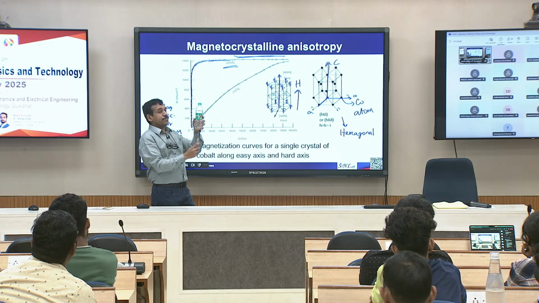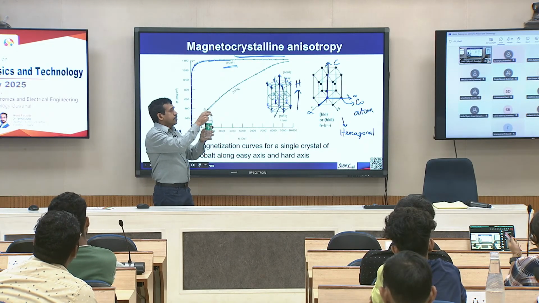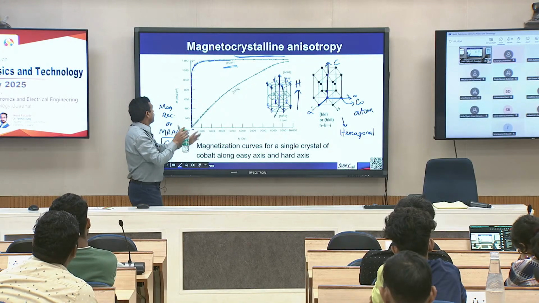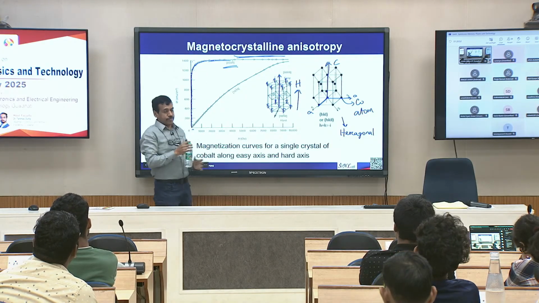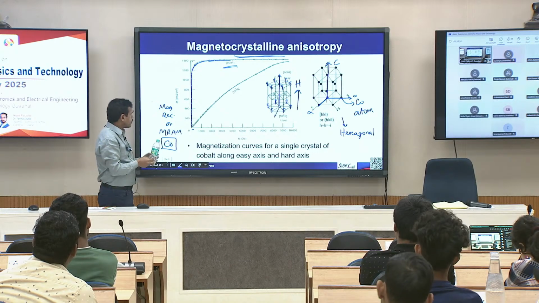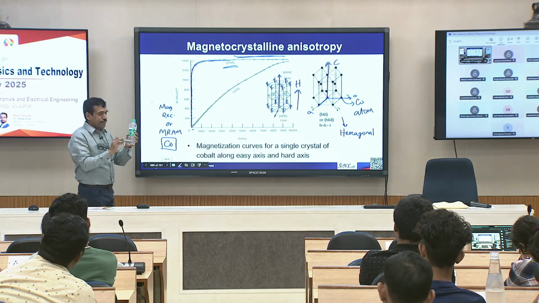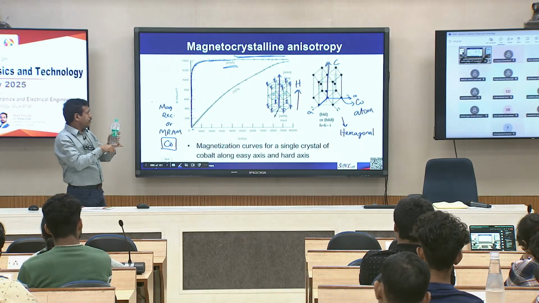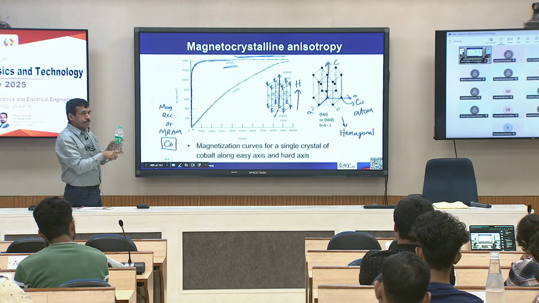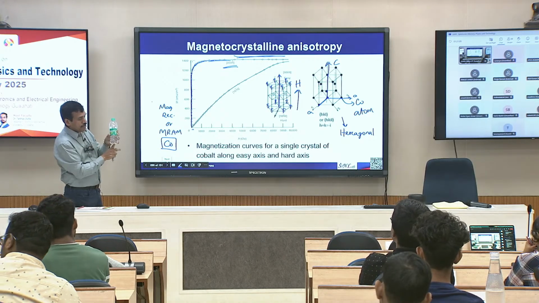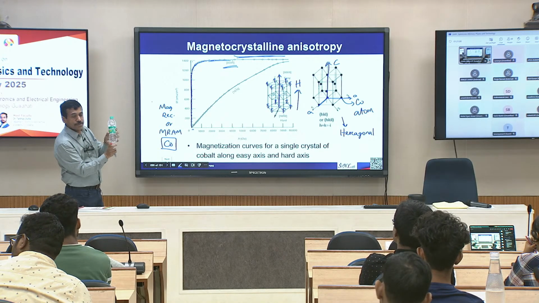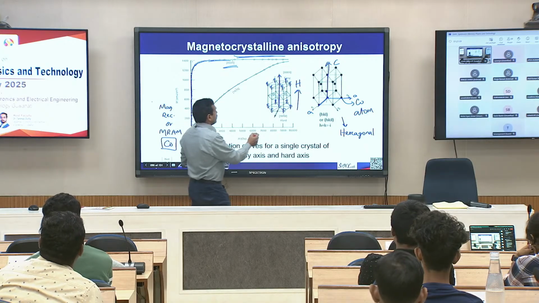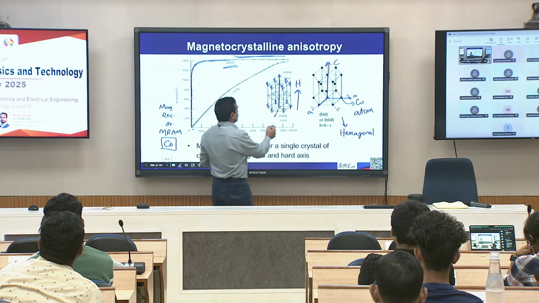In this direction, if you apply magnetic field, you can saturate easily. Now, let us say we apply magnetic field along this direction, one of the radius directions of the bottle. Our field is either along this direction or towards you, it does not matter. So, we are applying magnetic field along the hard direction 1 0 1 0.